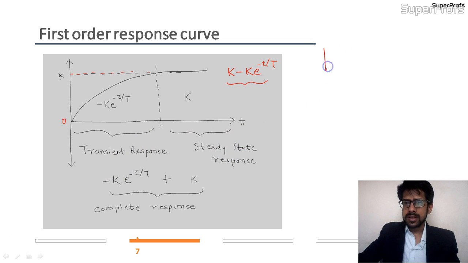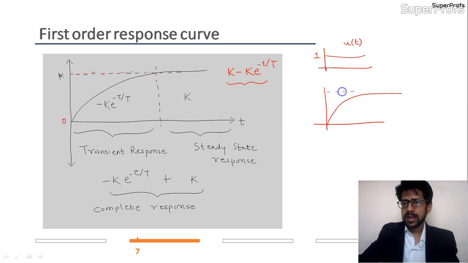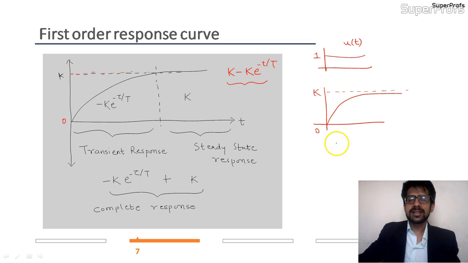Our input was a step input. Our u(t) is the input, and our system was a first order system with responses like this, K from 0. Just imagine a water heater.